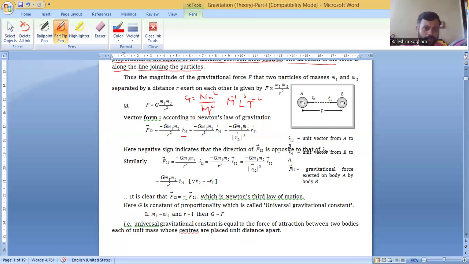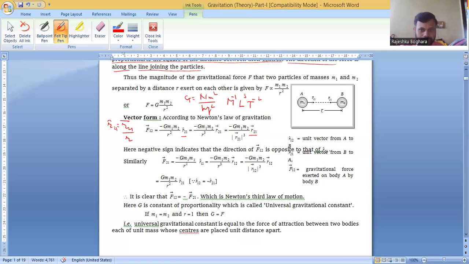Minus GM1 M2 upon R cube, R21 in a vector. R21 cap is equal to R21 vector upon R21, which means R, so R cube. So minus GM1 M2 upon R21 vector all cube into R21.